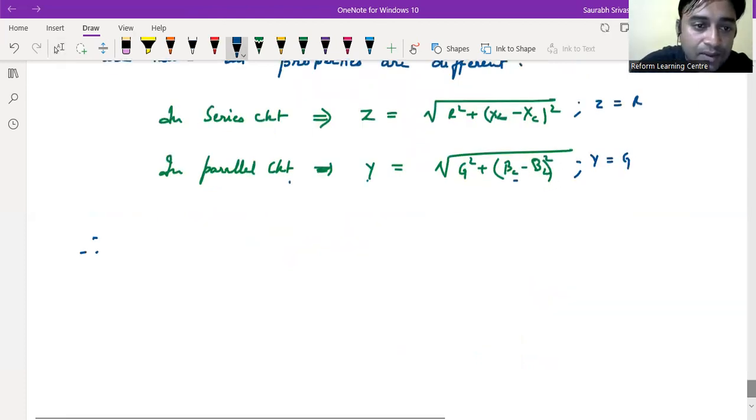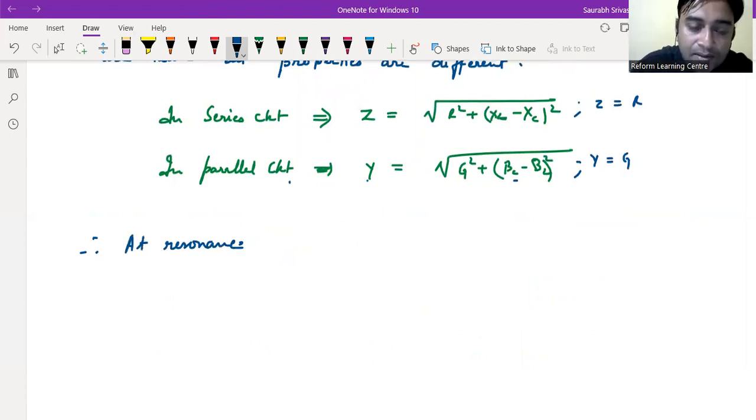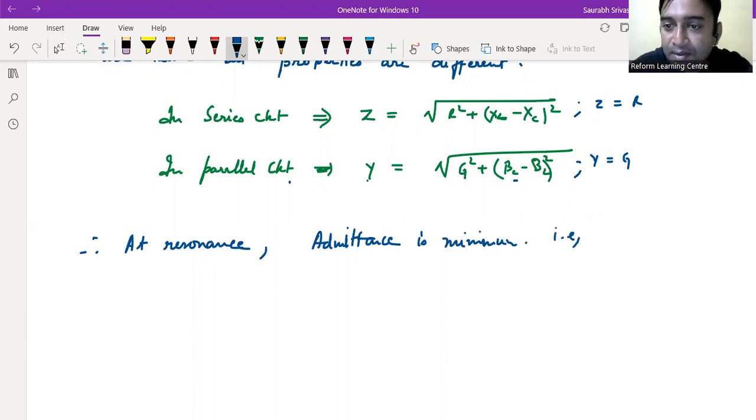Therefore, at resonance, admittance is minimum. That means admittance minimum. What is admittance? Inverse of impedance. That is, impedance will be maximum. Maximum impedance means minimum current.